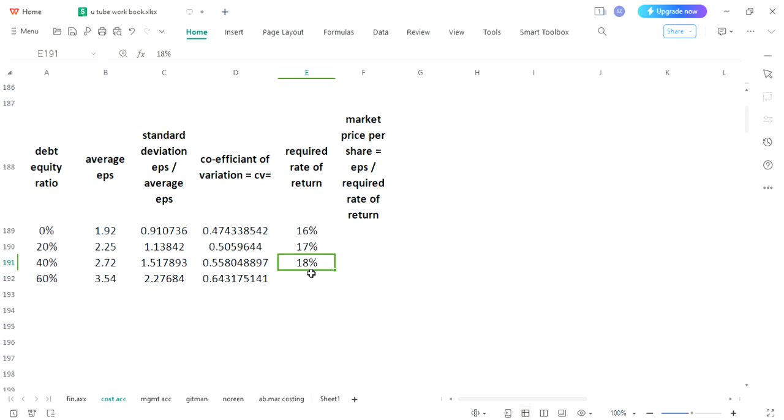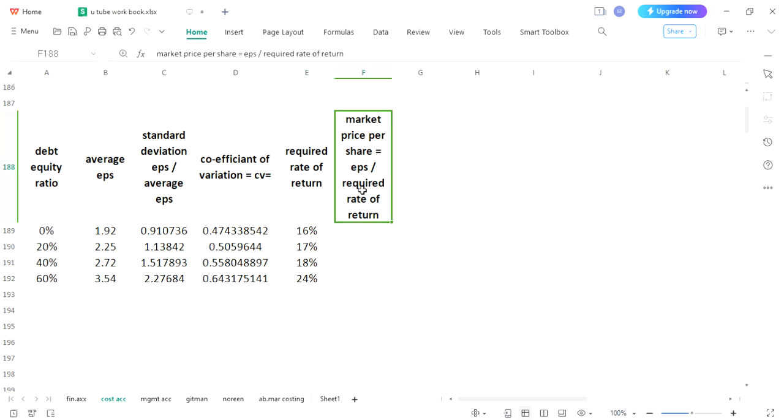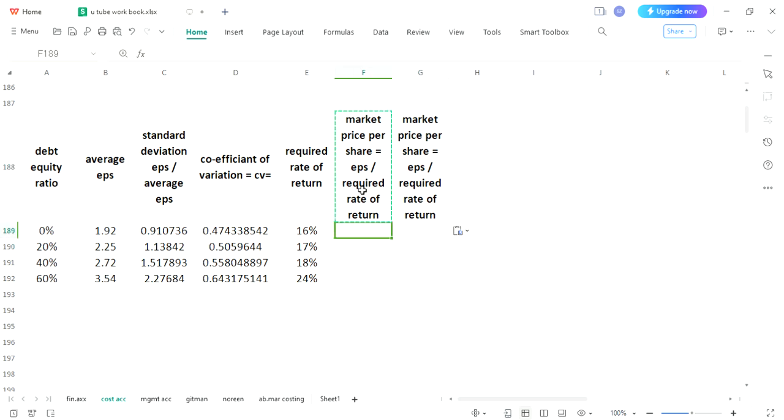So write down 24%. Our problem has been sorted out. We need to divide EPS. EPS is present over here 1.92 and the rate of return we have mentioned. Now we can calculate it. So first we will write the statement and then we will put it on our calculator. EPS 1.92 and then you need to divide it by 16%.